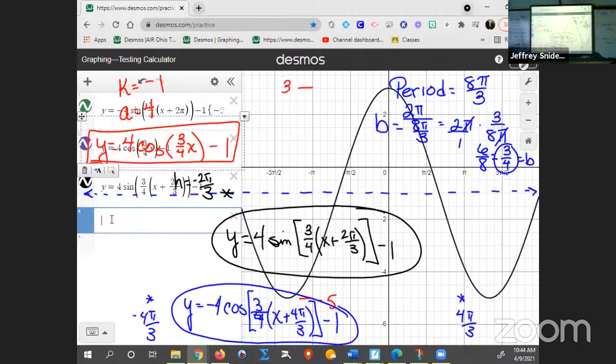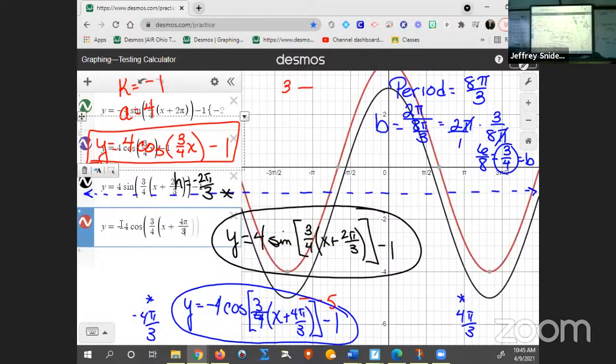Let's do the last one down here, why not? Y equals -4 cosine of 3/4 parentheses x plus 4 pi divided by 3 parentheses, -1. Oh my, craziness.